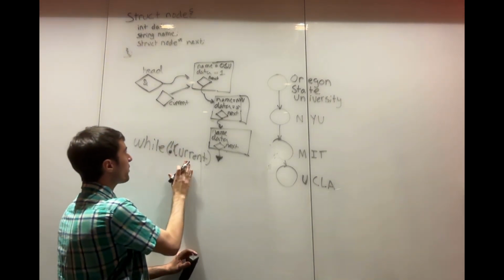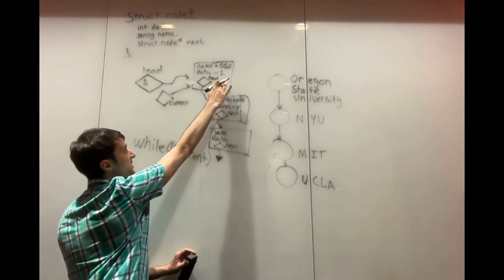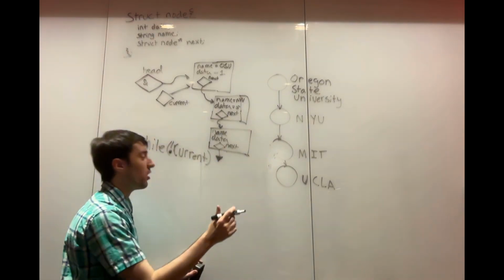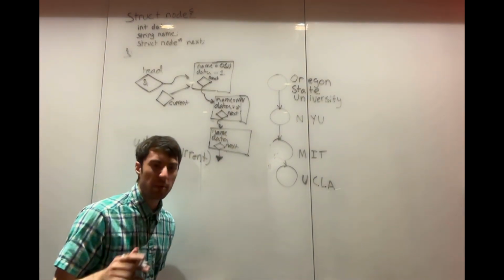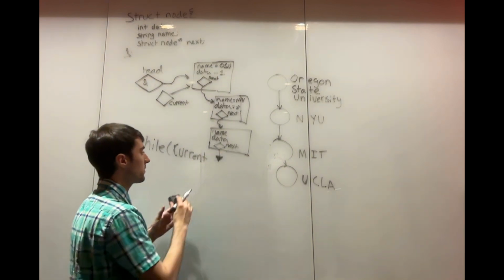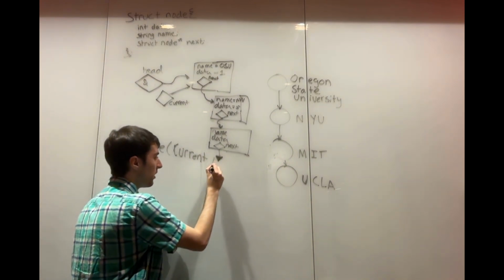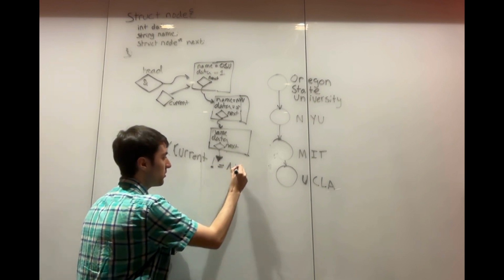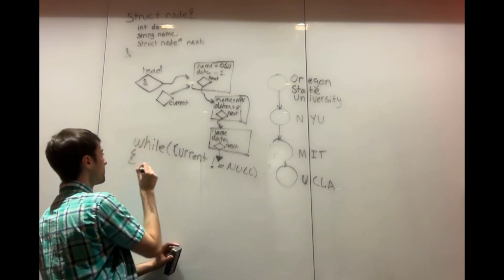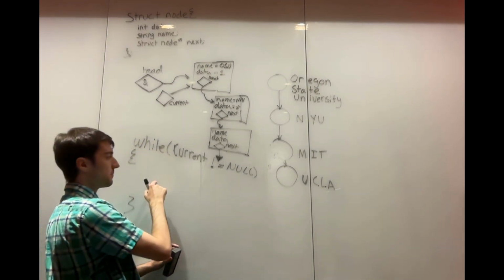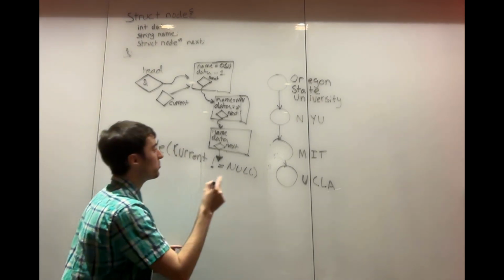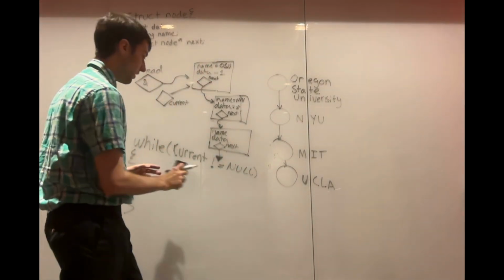So while this current variable contains anything other than 0, keep going, right? But I think it's a little bit more clear if I do while current is not equal to null. Okay, so we are going to keep iterating through this. And what do we want to do while we actually iterate?